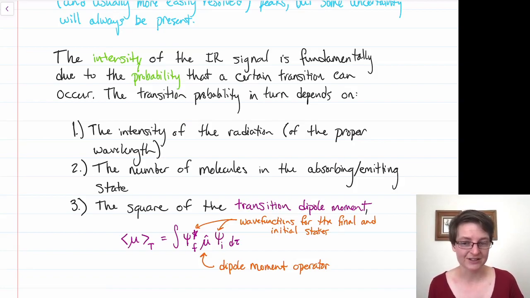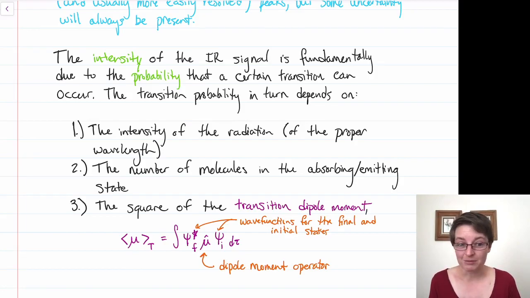A second factor is the number of molecules that are in the appropriate state to either absorb the energy you're interested in or emit that energy. If all of our molecules are present in the ground state because we're at low temperature, and you want to study the vibrational transition between nu equals 5 and nu equals 6, that's going to be really hard to do because there's not going to be very many molecules that start off in the right state.